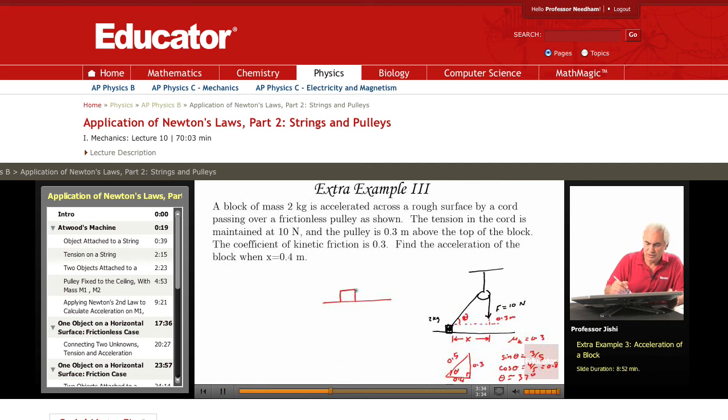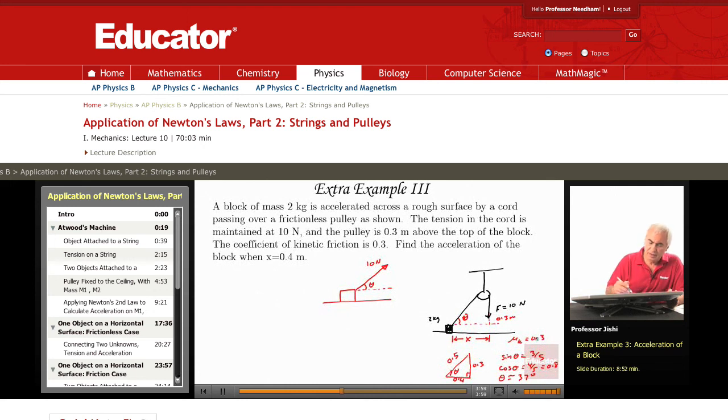It's pulled by a force of 10 newtons, that's a tension, at an angle theta of 37 degrees. And we know the coefficient of friction, mu k, is 0.3. I want to find the acceleration.